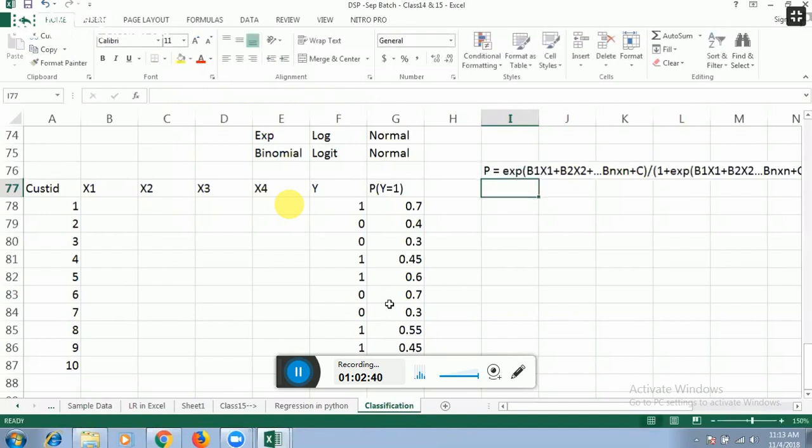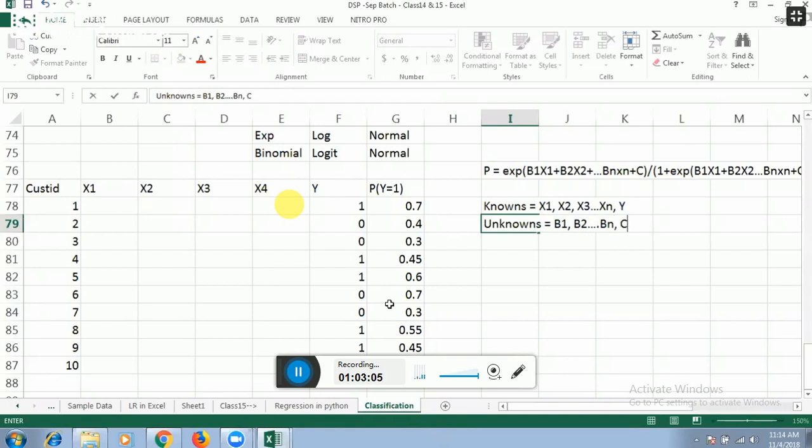So what are the known things in this? Knowns are x1, x2, x3 and so on, xn, and in this case you also know your y. Correct. What are the unknowns? Betas, right? Beta 1, beta 2 and so on, beta n and the constant. So you will solve that problem.